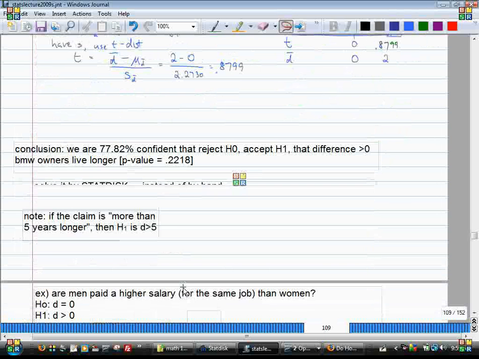Any questions about that problem? If D is bigger than 5, according to the data, we'd have to do it all over again with the 5 in the middle. But not for this data, obviously.